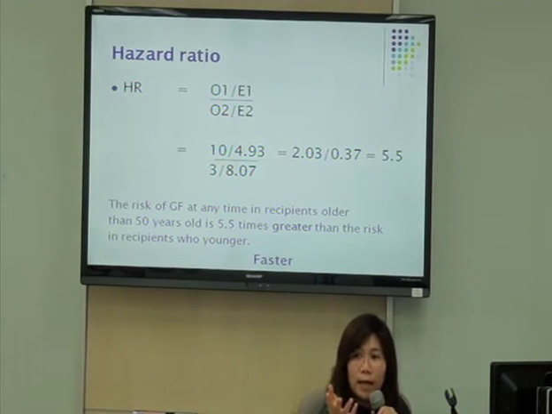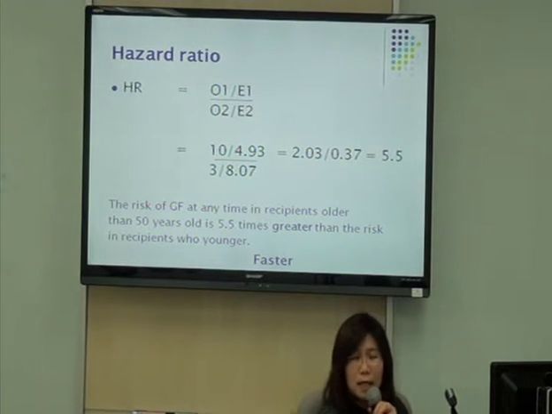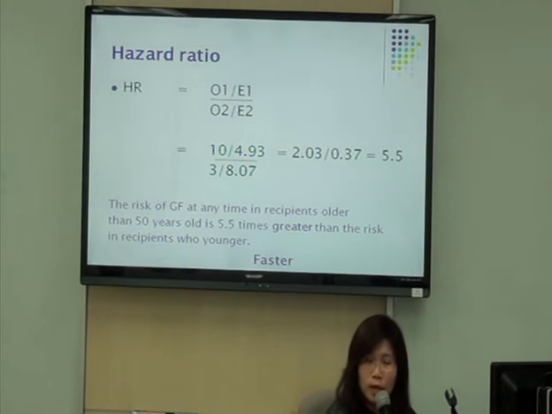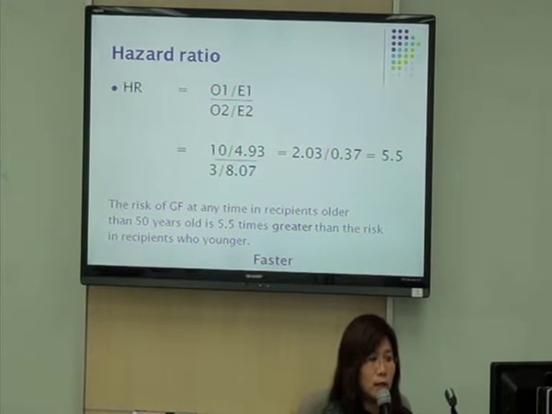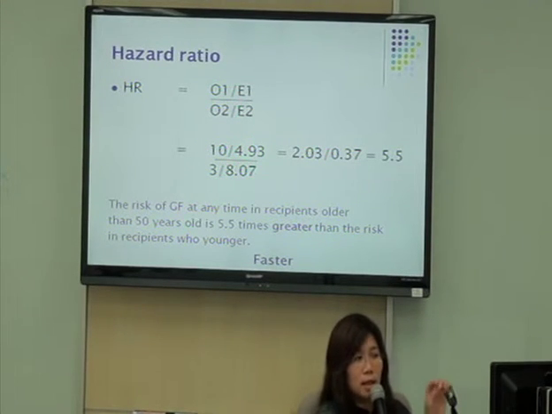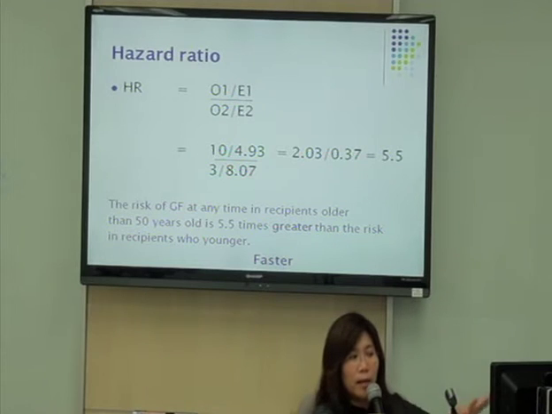Another thing that you can calculate from survival analysis is the hazard ratio, HR. So this time, you calculate observed 1 divided by expected 1, and divide by observed 2 divided by expected 2. From that number you can get a hazard ratio of 5.5 here.